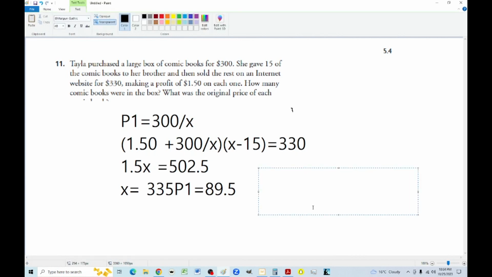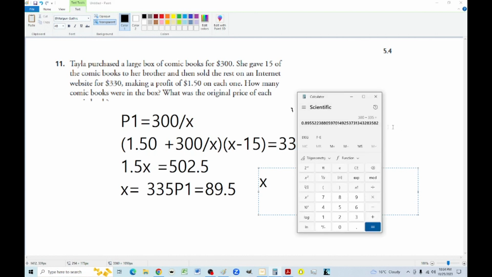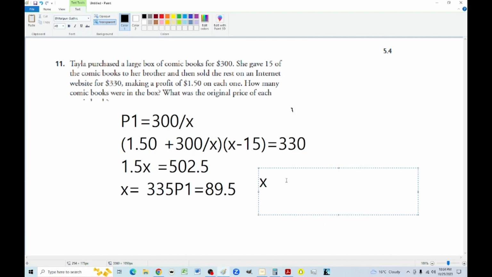Doesn't matter, I've got it right there. So x is equal to 502.5 divided by 1.5. 335 is the number of comics. Right, okay.